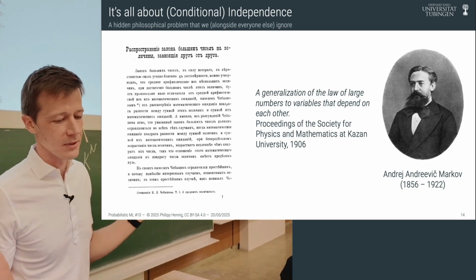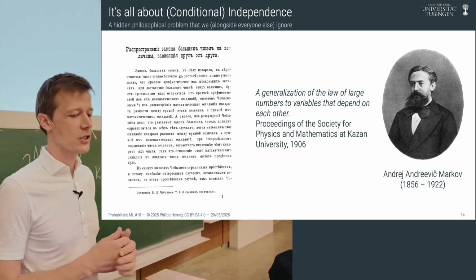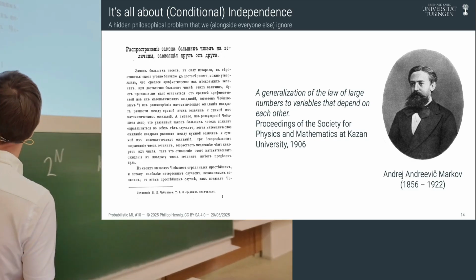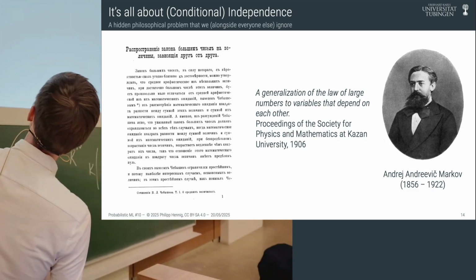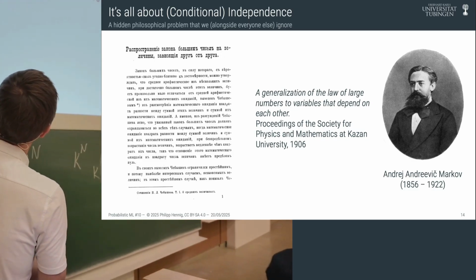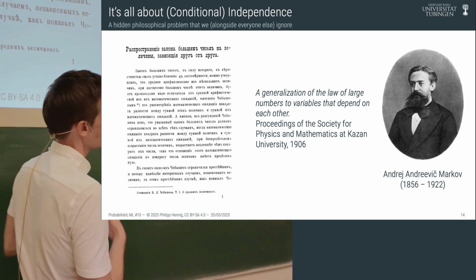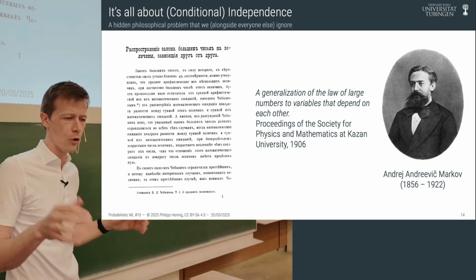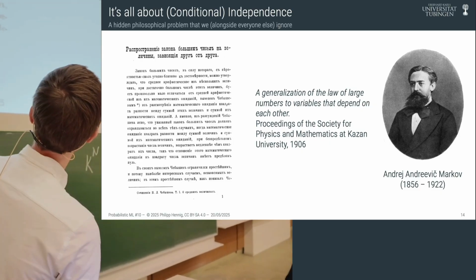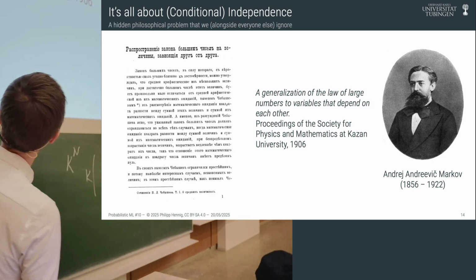Interestingly, he only published in Russian. He wasn't particularly internationally well known. He wrote this treatise for the Society of Physics and Mathematics at Kazan University, so he was very much a local person, called The Generalization of the Law of Large Numbers to Variables that Depend on Each Other.